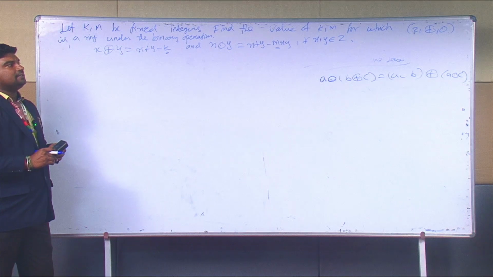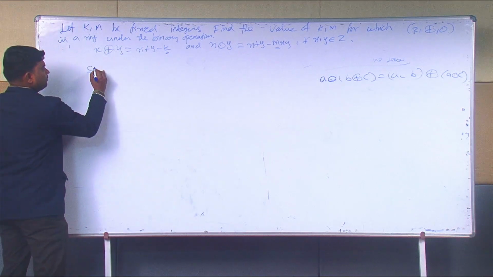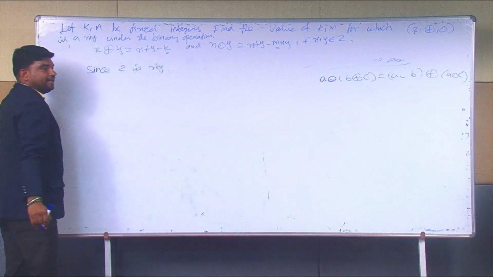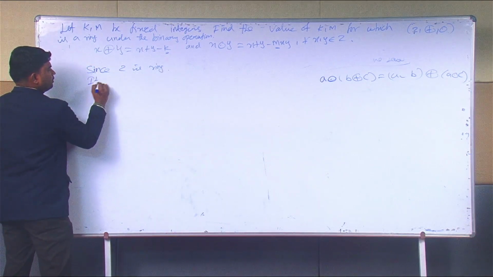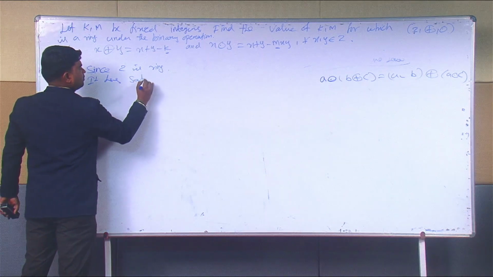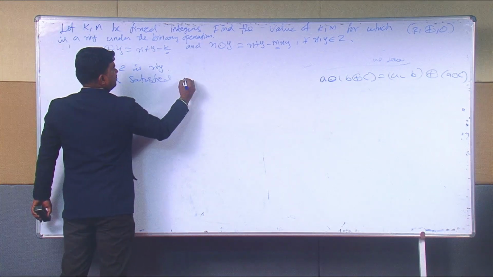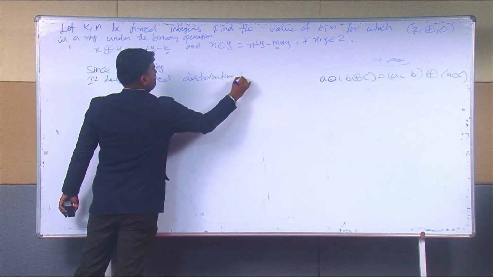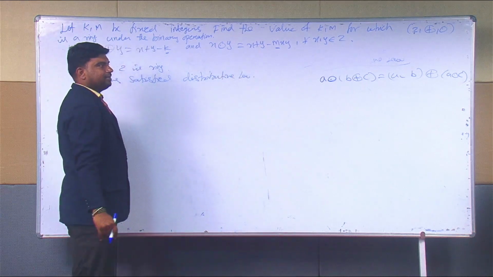Since Z is a ring, the distributive law is also satisfied. The distributive law contains two axioms.